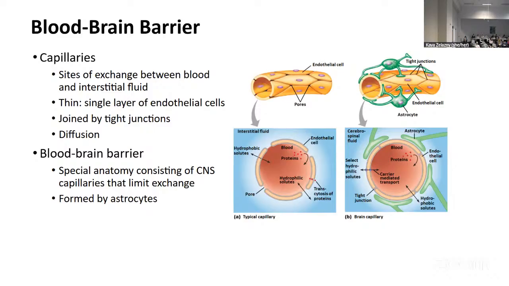That helps us make sure that anything that gets into the brain or gets out of the brain is at least processed by one of these endothelial cells first. So we can block things like proteins, and all kinds of stuff that might otherwise sneak between the endothelial cells of the capillary.